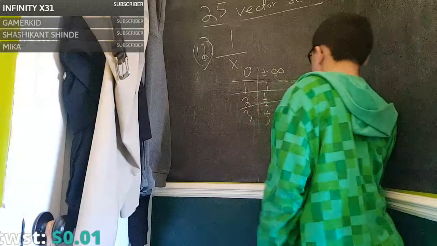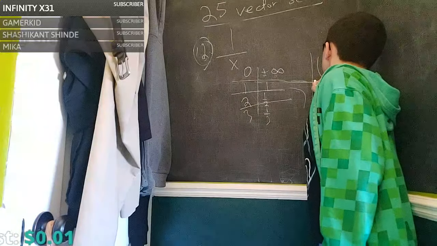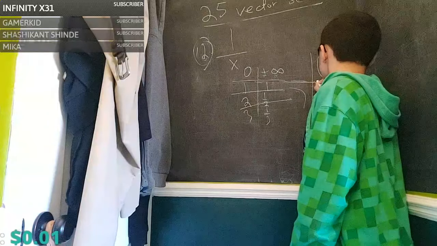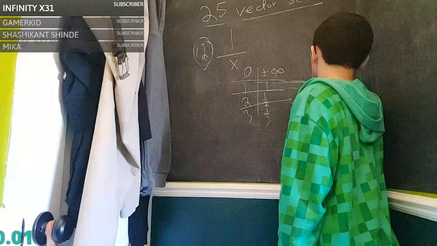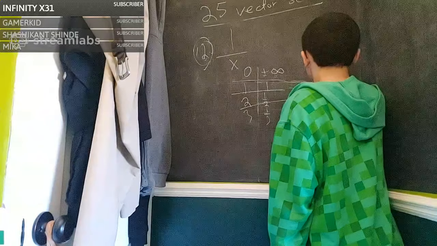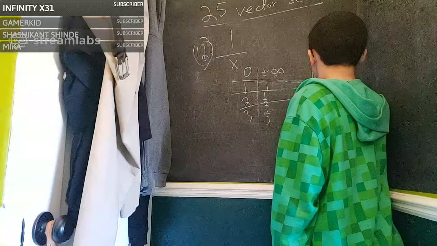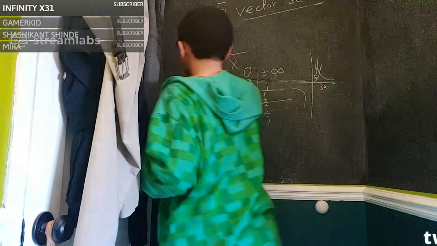Well, the thing is, let's see if this works. So, you have a vector, okay? Its magnitude is x. It goes x and x, and it goes 1 over x and y. So, let's try 3. So, it goes 3, 1/3. Yeah, anyways, it's square root.